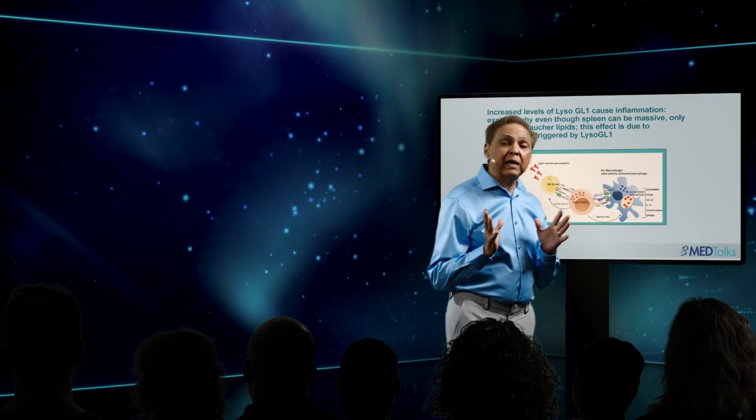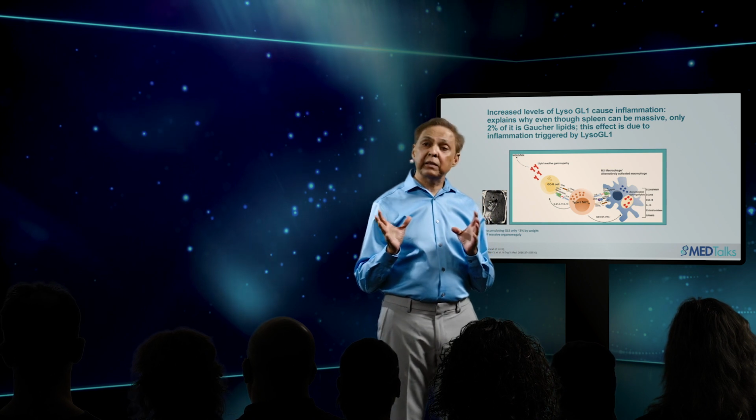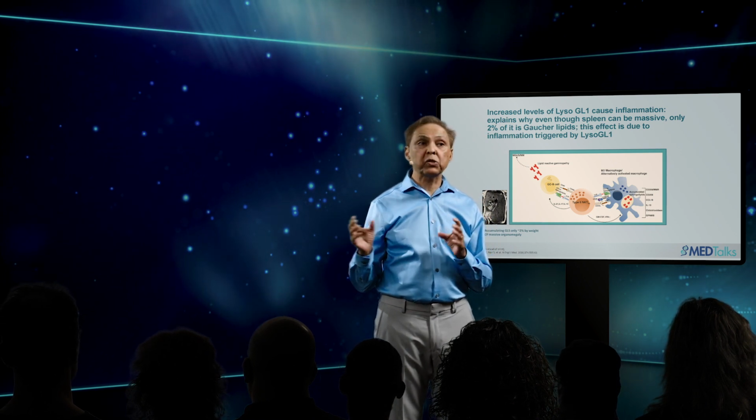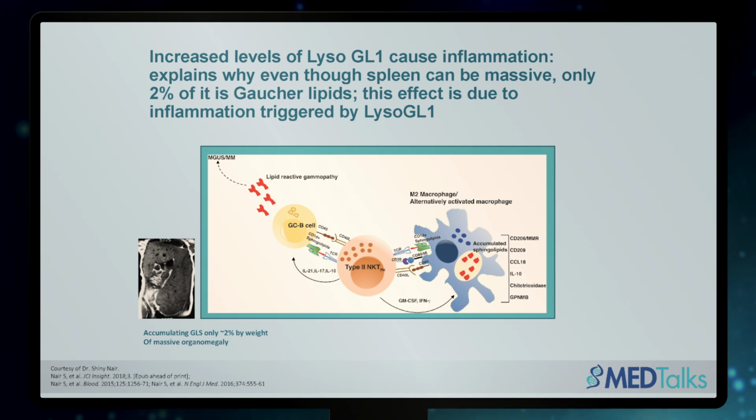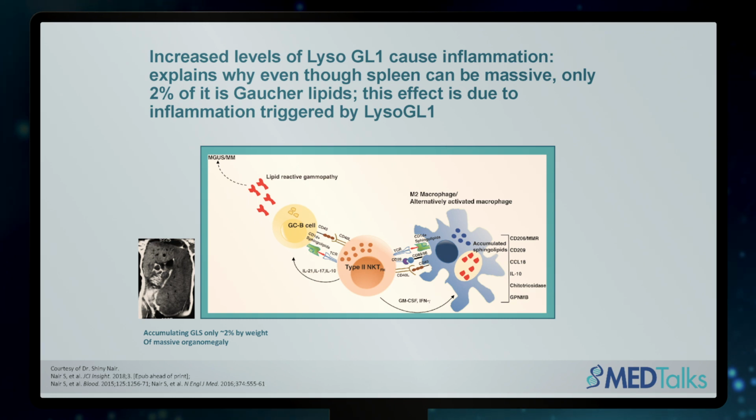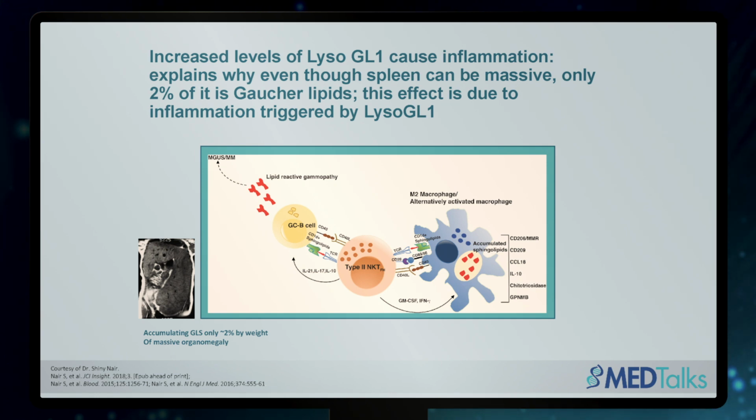And we found that the main lipid that accumulates in Gaucher disease, called glucosylceramide, was converted by cells into a lipid called glucosylsphingosine. Some folks call it Lyso-Gyl1. We coined that term. Others call it Lyso-GB1. So you may have different terminologies that you have become familiar with in your clinics.